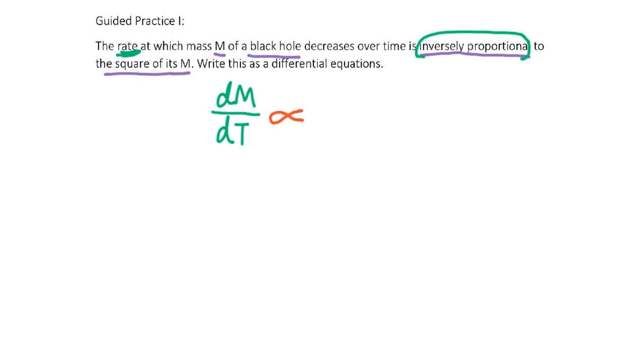It's inversely proportional to the square of its mass. Therefore, it will be 1 over m squared. This word inversely. Therefore, for dm by dt equals, check this word decrease, that means it will be negative.